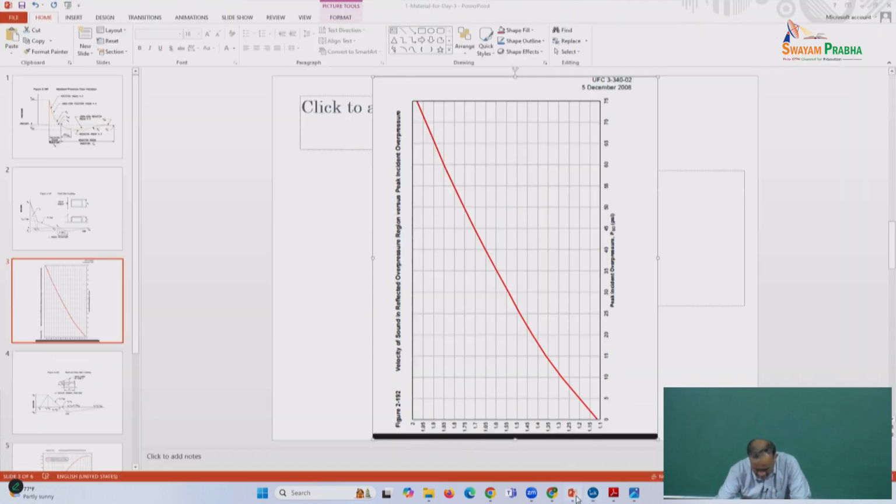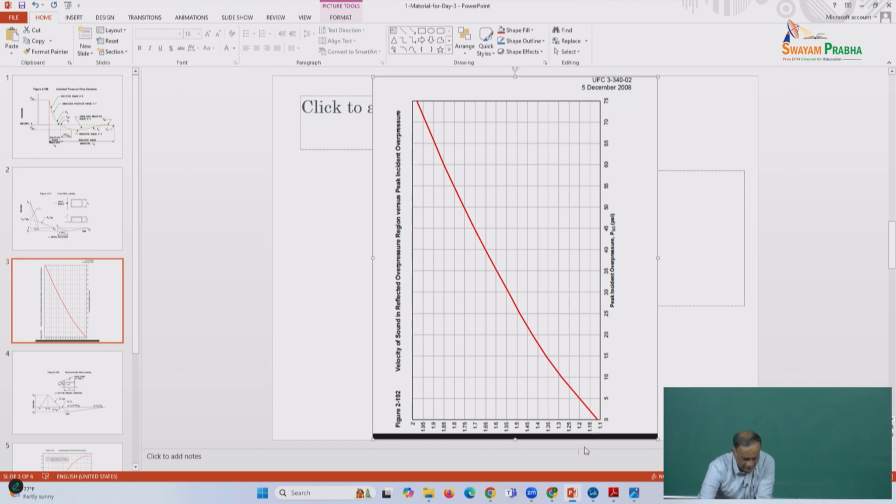It goes from the incident overpressures from 0 to 75, and these values go from 1 to 1.1 to 2, and the units, I believe, could be feet per millisecond.